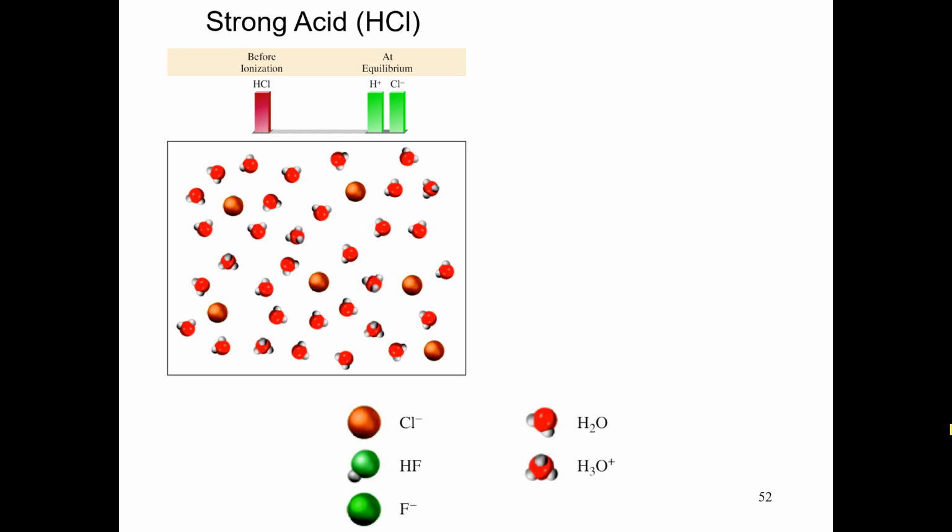Notice in the picture, you have water molecules, right there. You can see the pictures down here. This is water. So for example, these are water molecules. Notice that everything is either hydronium ions and chloride ions or water molecules. There are no unionized HCl molecules anymore.